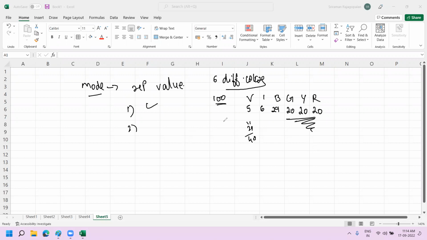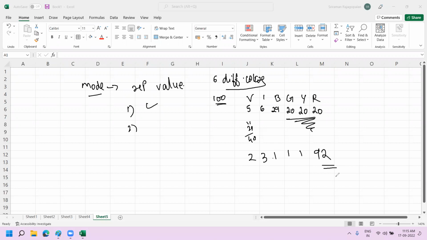Now imagine if I had 6 colors and the distribution was like this: 2, 3, 1, 1, 1. So 3 plus 2, 5, 6, 7, 8. Can I say 92 is an outlier? Yes or no?